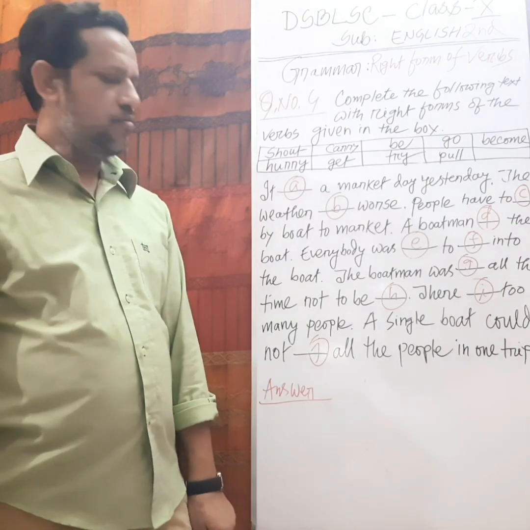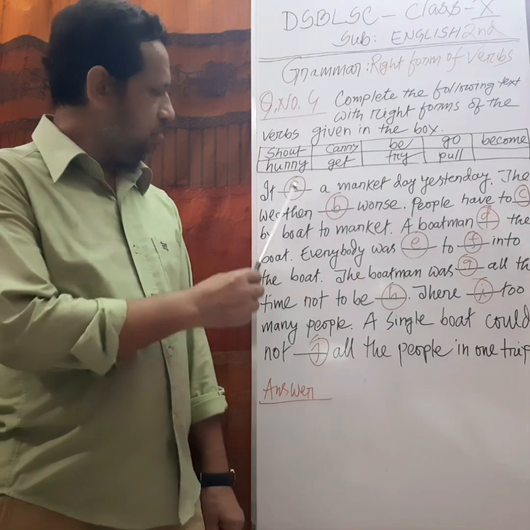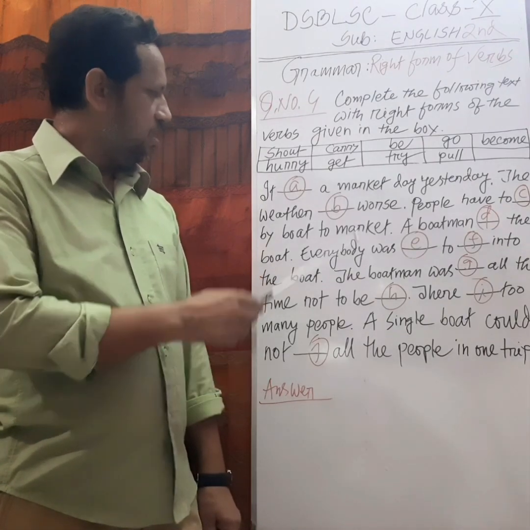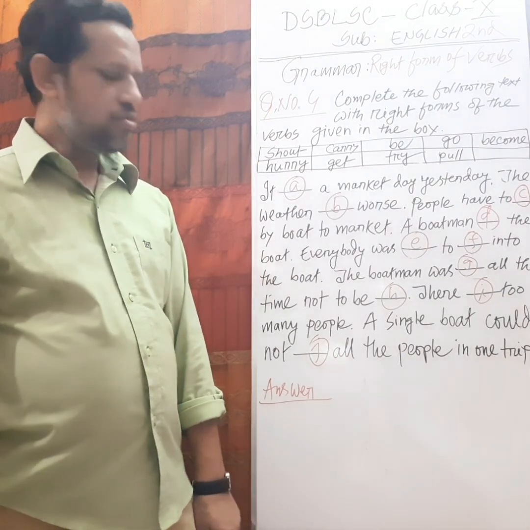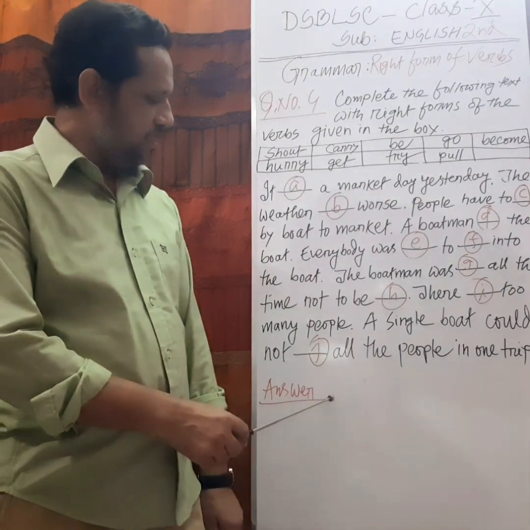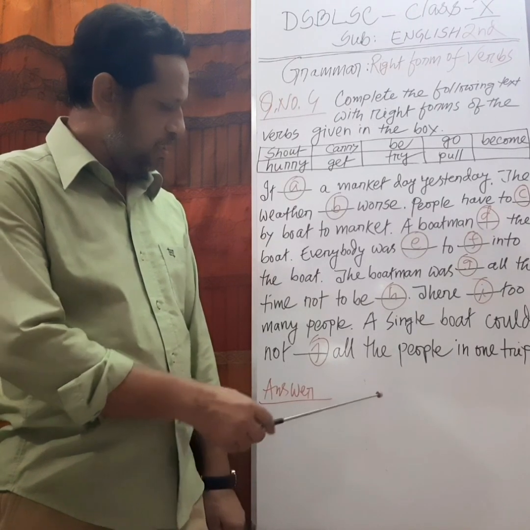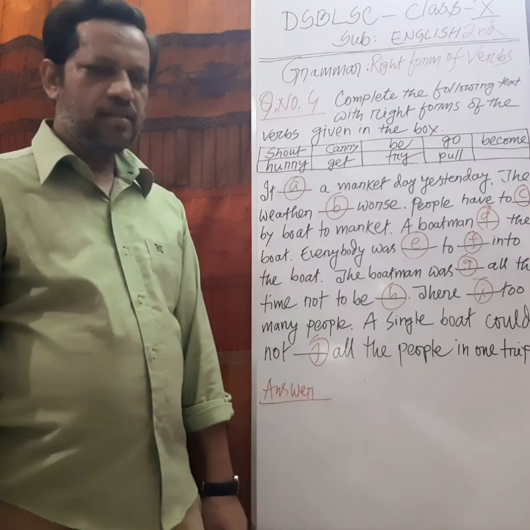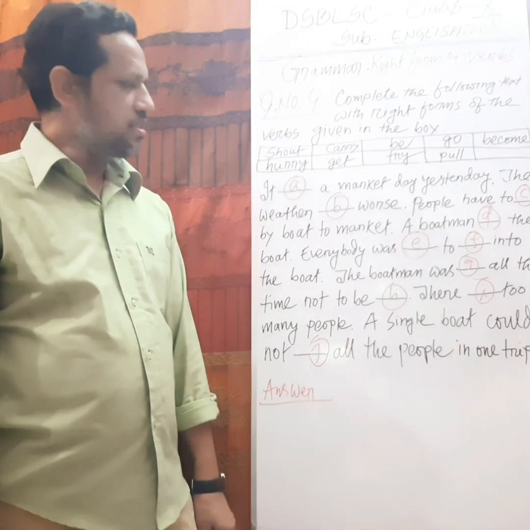In the exam, you need not copy the passage. You need not copy the box. Only you should write the answers A, B, C, D, E, F, G, H, I, J. Only the correct answers you have to write in your script.